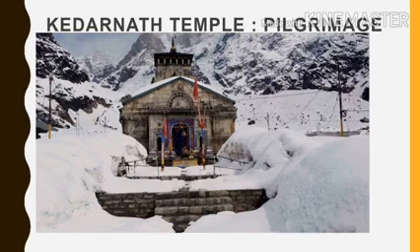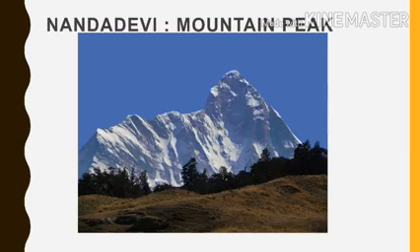The famous Kedarnath temple, which shows Himalayas in the background. They give us splendid examples of natural heritage of India, the landscape. Here we see the mountain peak Nanda Devi, which rises 7 kilometers straight into the air and gives a very good landscape.